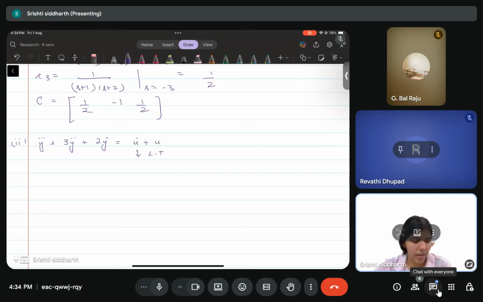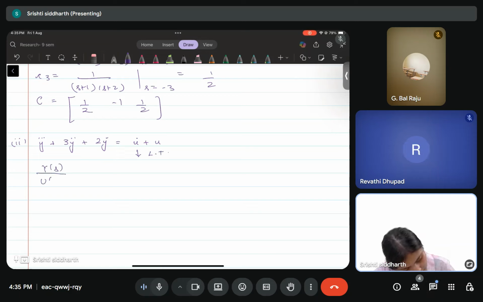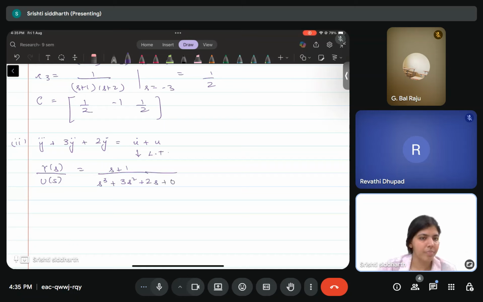So in the Laplace transform, assuming zero initial conditions, we get Y of s over U of s is (s plus 1) over (s cubed plus 3s squared plus 2s). Okay, so this is strictly proper, which implies D is going to be 0.